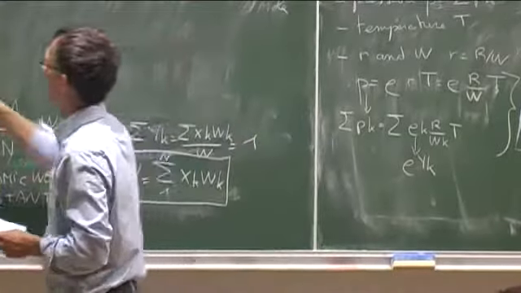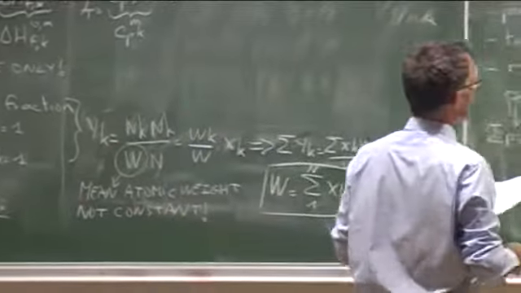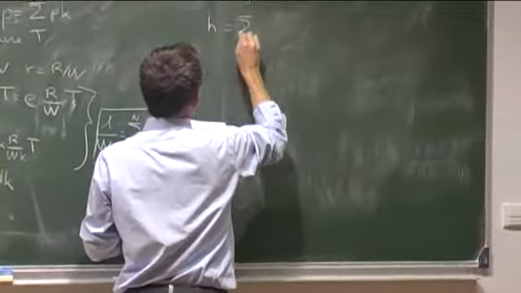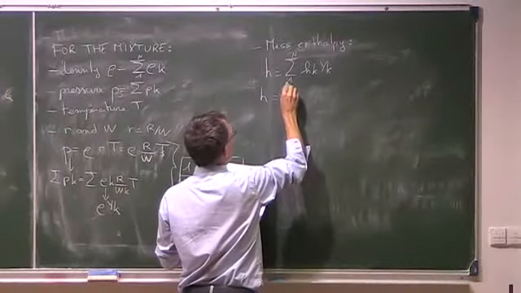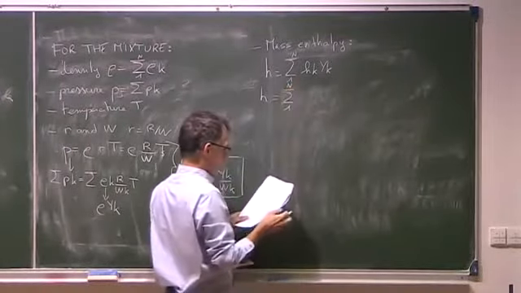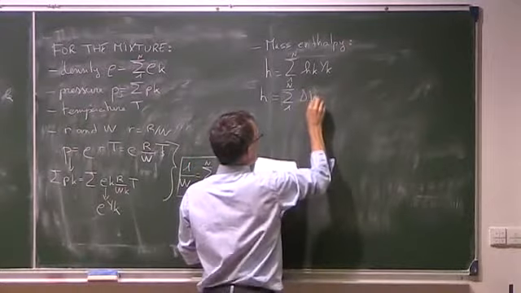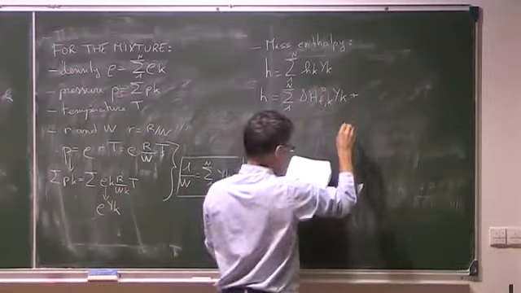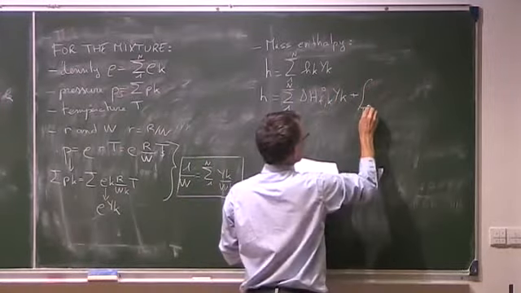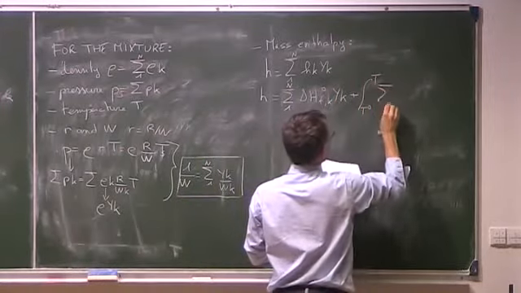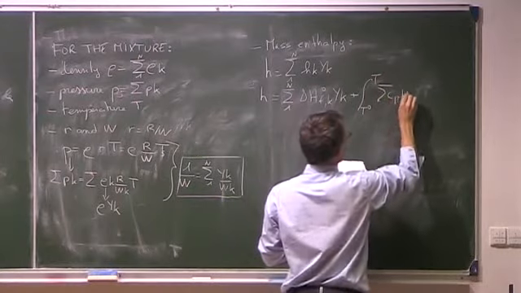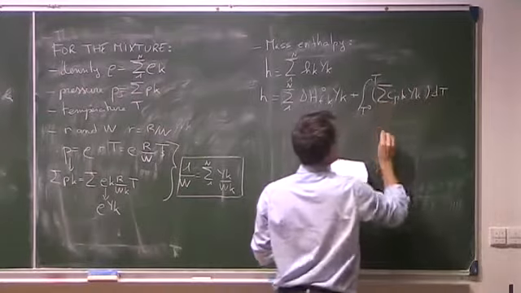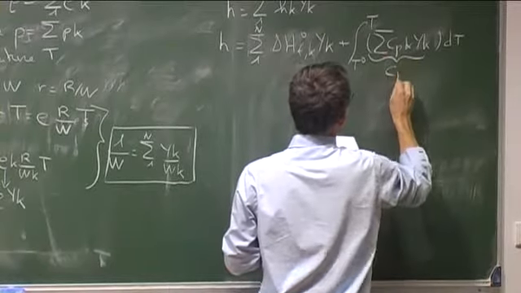Hk was given here, and so H is going to be the sum of 1 to n of the formation enthalpies multiplied by Yk plus the integral from T0 to T of the sum of Cpk Yk dT. And this is, of course, the Cp of the mixture.